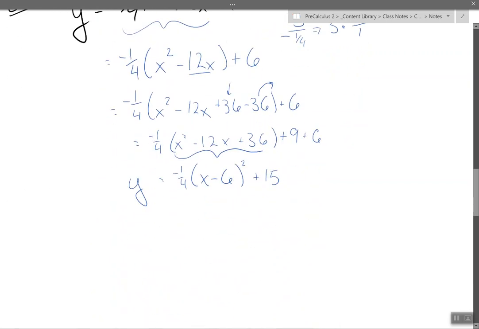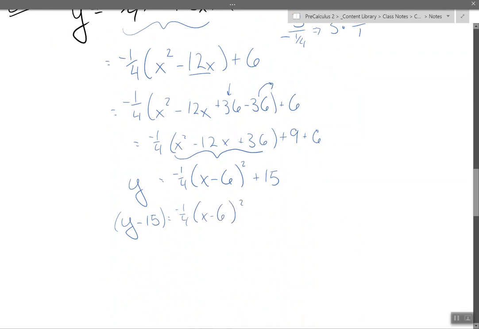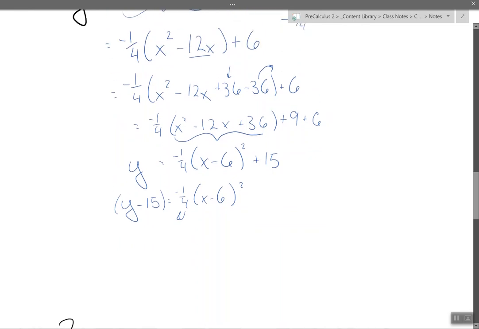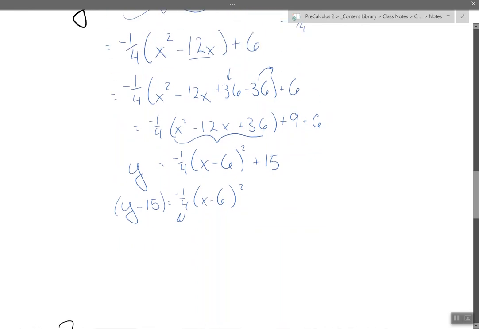So what we want to do first is get the 15 over, so this will be y minus 15 equals, go ahead and throw that in parentheses, negative 1/4 x minus 6 quantity squared, and then the last step is to get that 1/4 over. So to get that 1/4 over, we are just going to multiply by negative 4. So we have negative 4 times y minus 15 equals x minus 6 quantity squared.